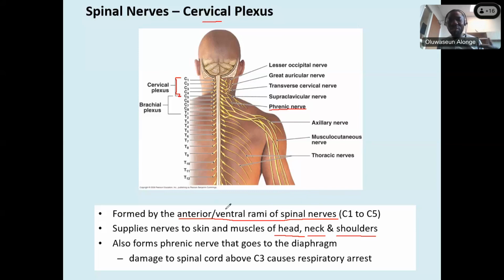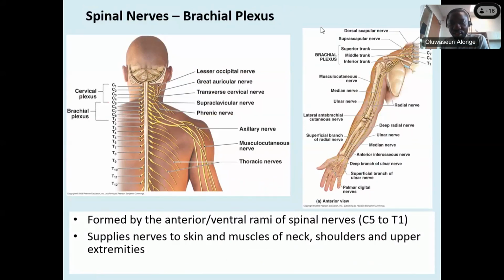So if anything happens that affects the phrenic nerve, and you can see the phrenic nerve here, all right? You see the phrenic nerve is here, and you see the anterior rami that articulate to form the phrenic nerve. So if anything happens and damages anything above C3, it will affect respiration.